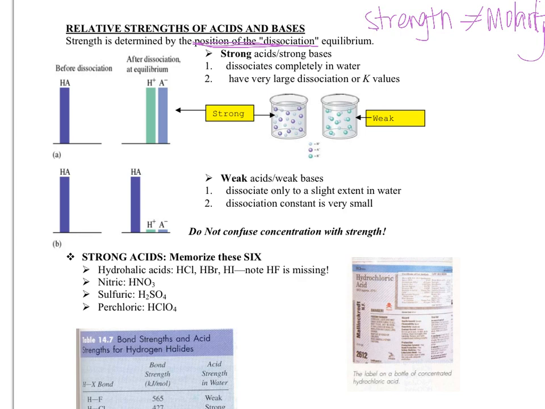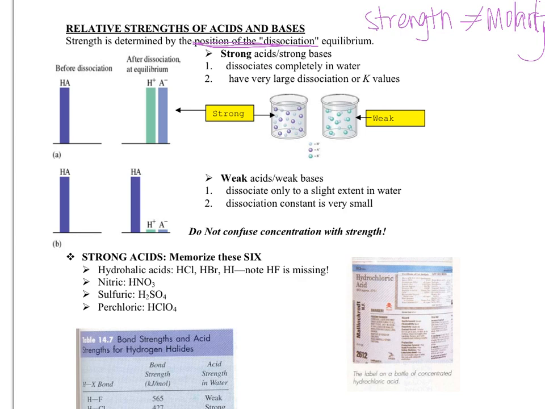So the more it dissociates or the more soluble the acid or base is, the stronger it is. And as we learned before, that's based on an equilibrium constant, which we use as a Ka or a Kb value in the case of an acid or a base.